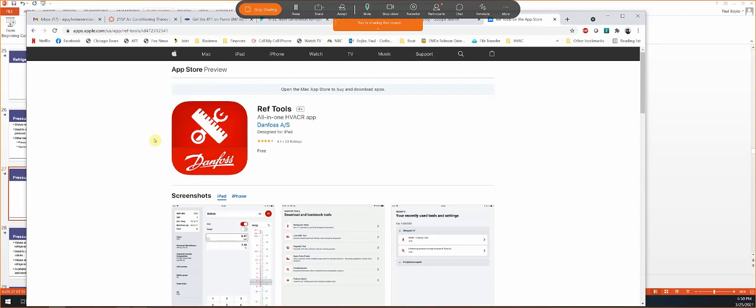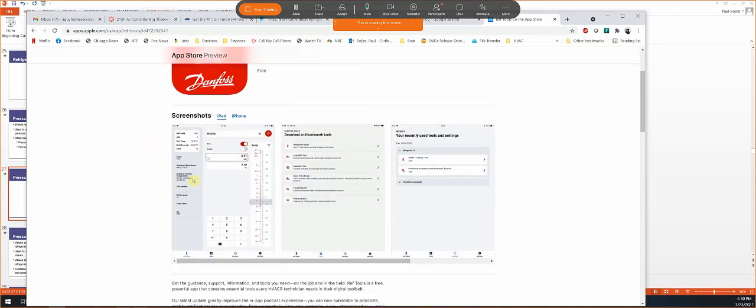Real nice, real easy to use. It's free. You can basically clock in the type of refrigerant, slide up this dial, the gauge, whatever the case may be, and it's going to tell you exactly what your PT corresponding numbers are.